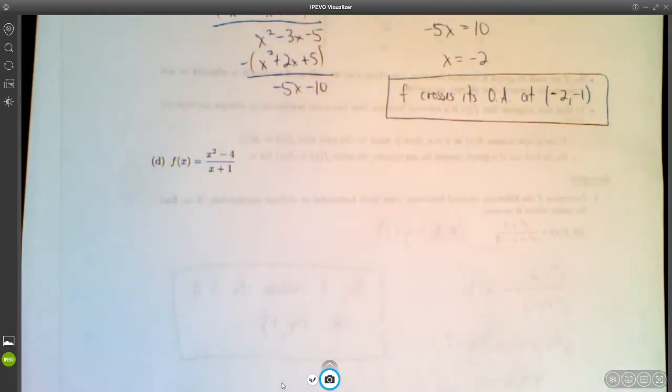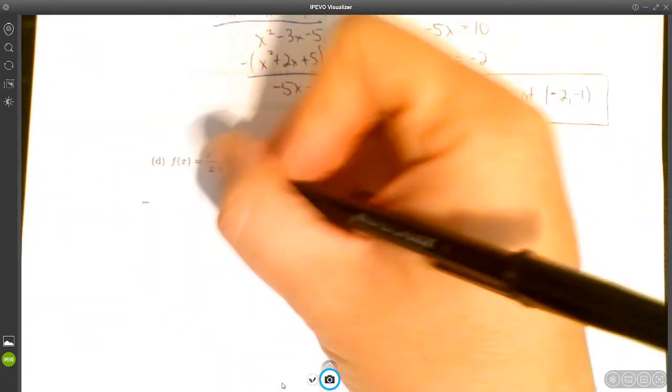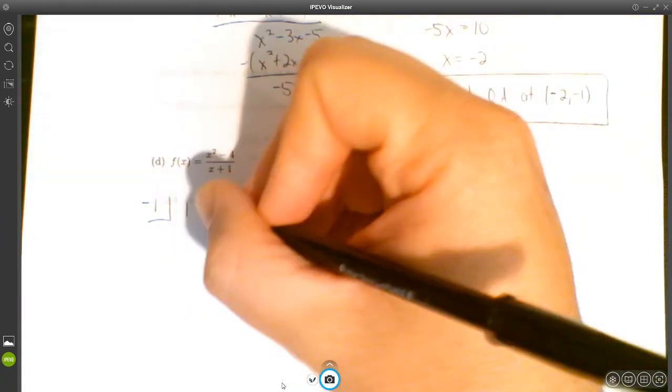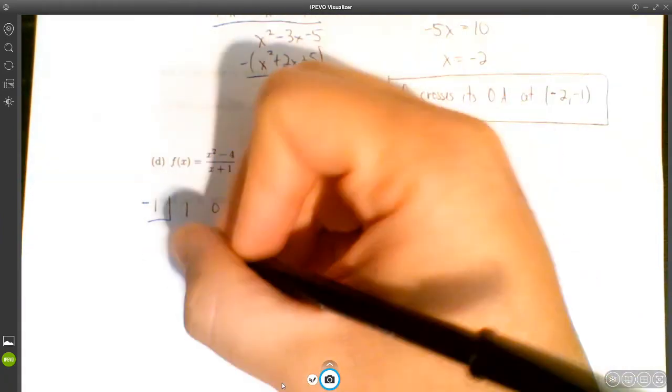Okay, so another oblique asymptote here, since the degree of the numerator is greater than the degree of the denominator. I could actually just do synthetic division here. The corresponding 0 would be negative 1, right? And I have x squared plus 0x minus 4.